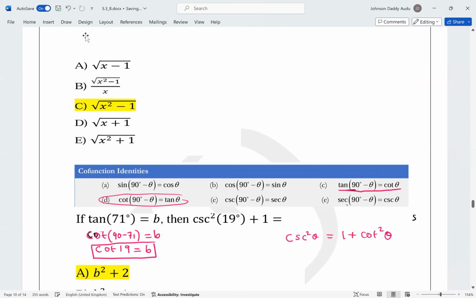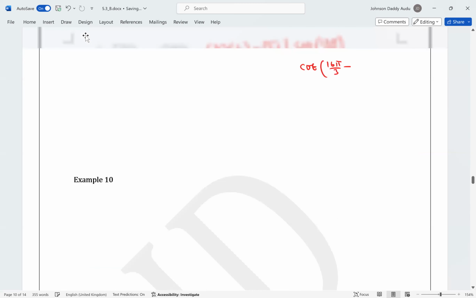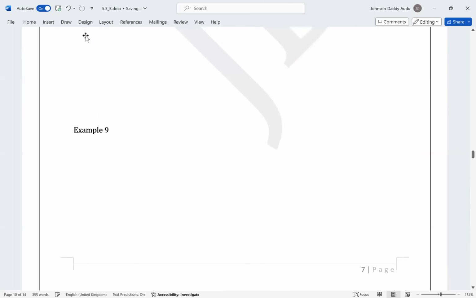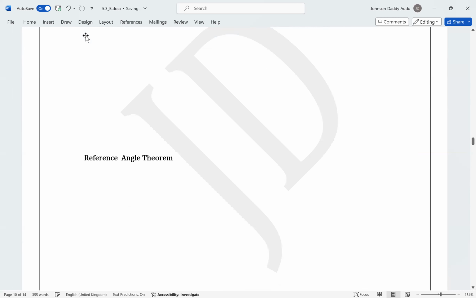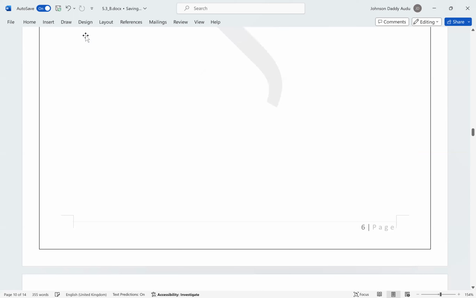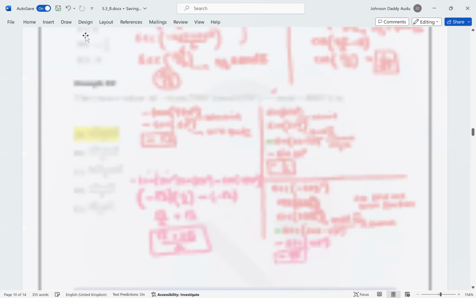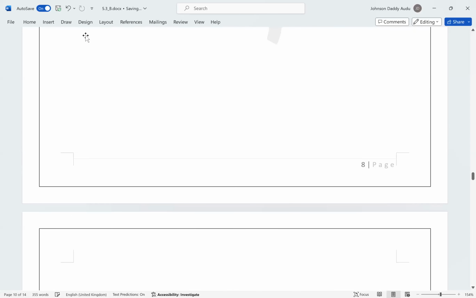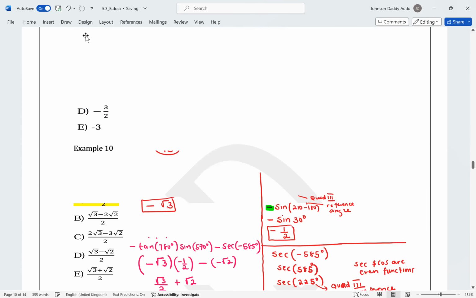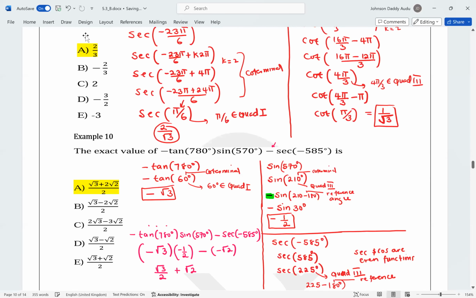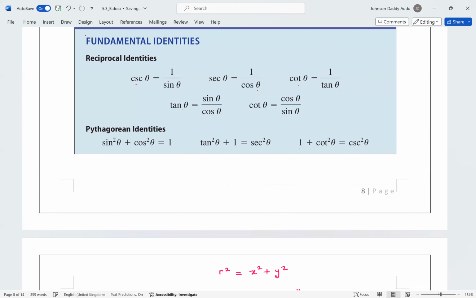Yes, so let's confirm this with the Pythagorean identity. Okay, so this is what we have: 1 plus cotan squared is cosec squared. So that is what we will use there.